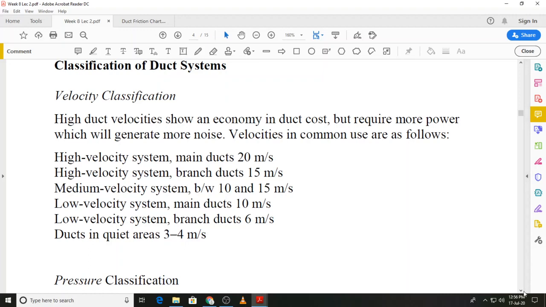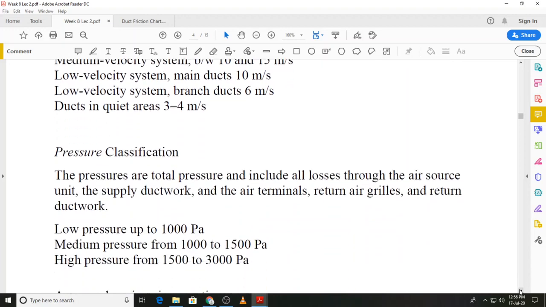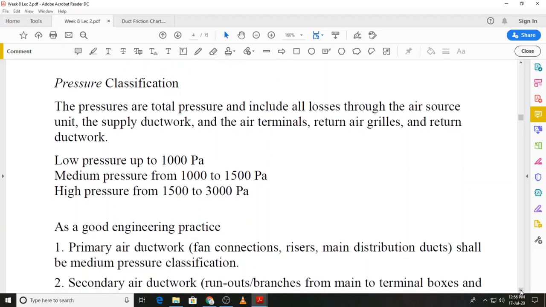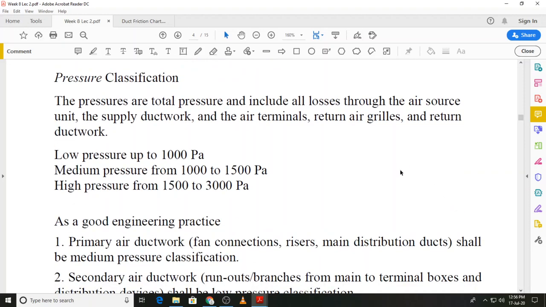Then for the pressure classification, we also have three categories, that is high pressure systems, low pressure systems and medium pressure systems. As a broad guideline, duct systems classified as low pressure are at about 1000 pascals, and we are talking about the gauge pressure in the ducts.